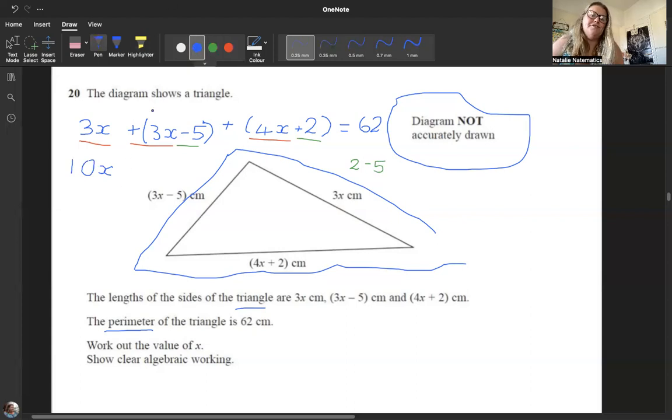So we've got a minus 3 here. Let me just check. I've got 3x plus 3x is 6x, plus 4x is 10x, minus 5, and again we're adding a minus 5, and then adding a positive 2, so minus 5 plus 2 is minus 3. And I know that's equal to 62.